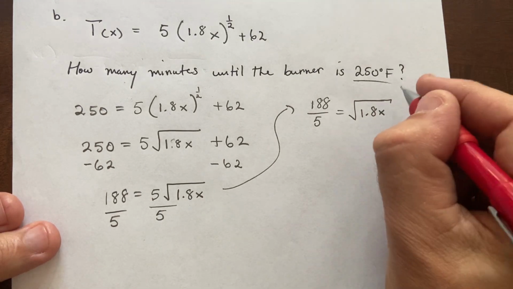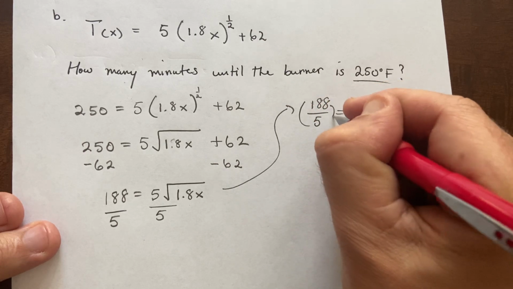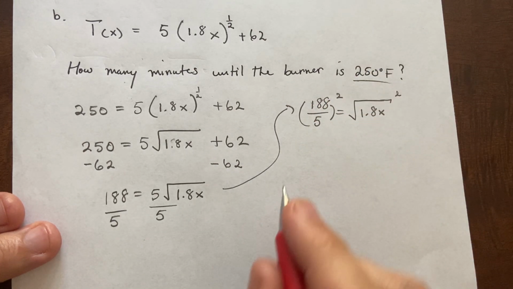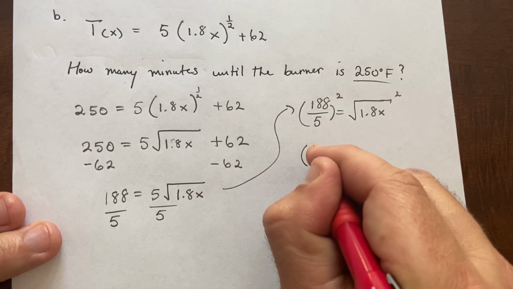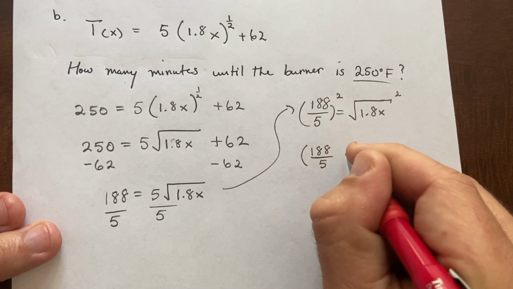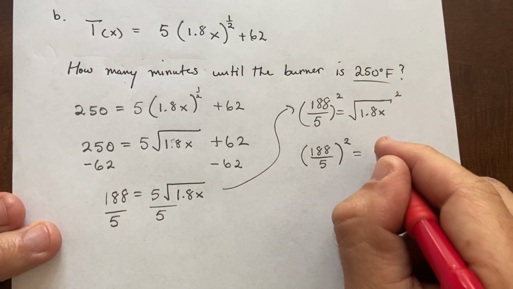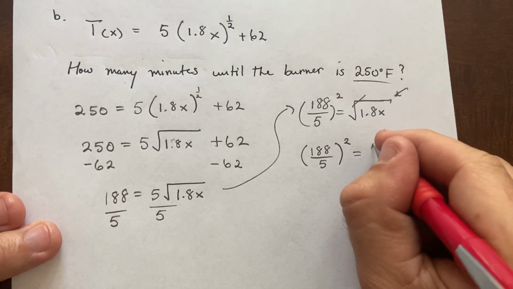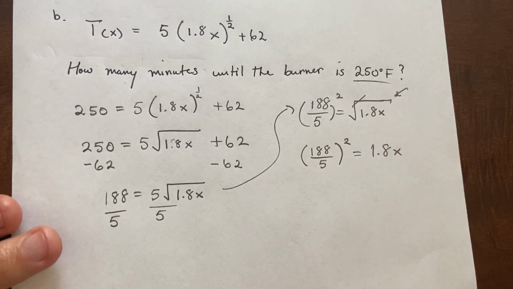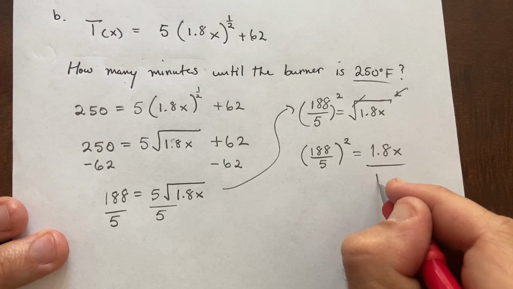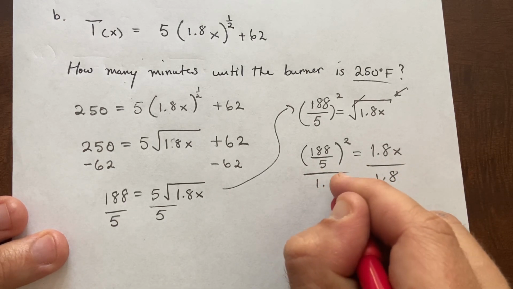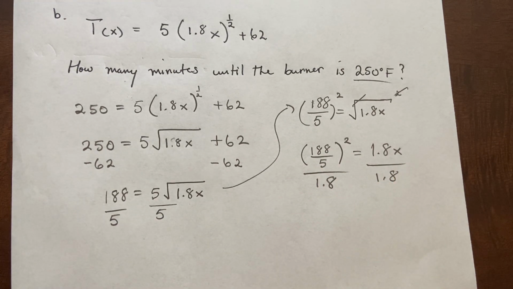Square both sides to get rid of the root. So I have 188 over 5 squared equals 1.8x. Divide by 1.8. And this one says round to 1 decimal place.